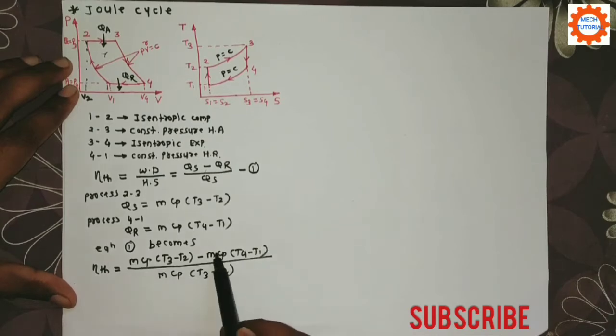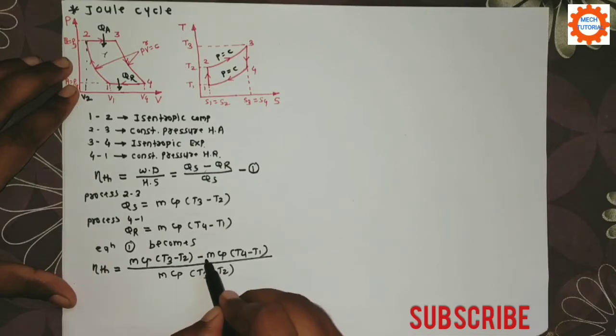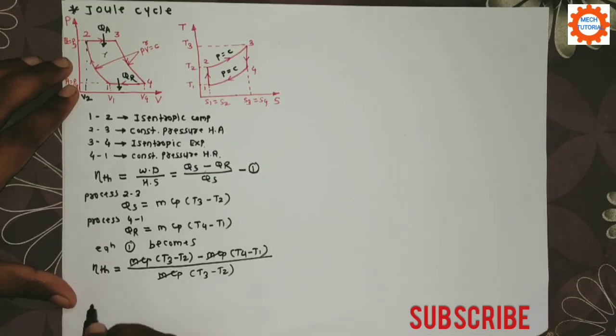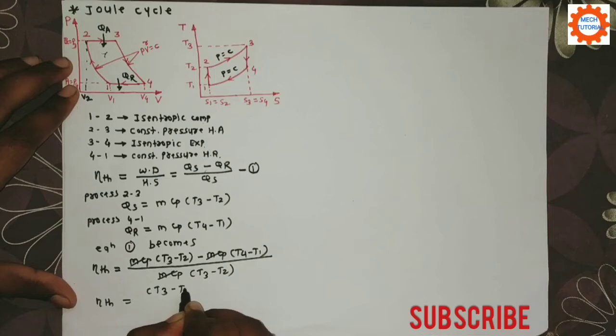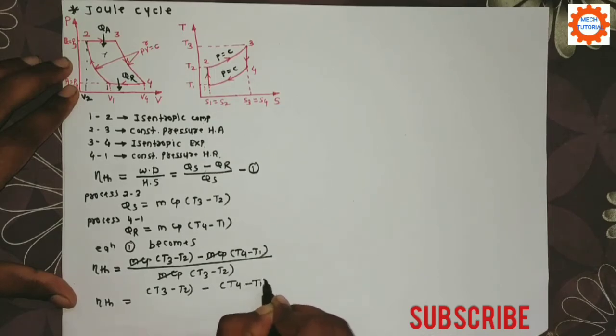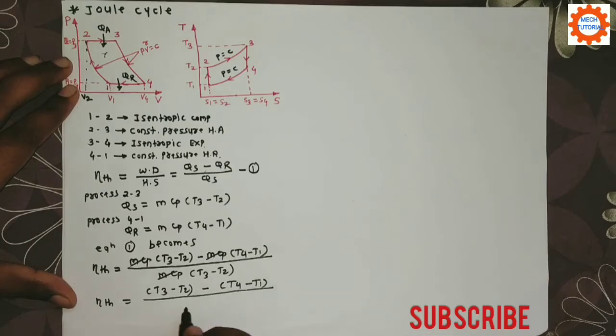Here mCp are common in both numerator and denominator, so we can cancel this. So efficiency is equal to (T3 minus T2) minus (T4 minus T1) divided by (T3 minus T2).